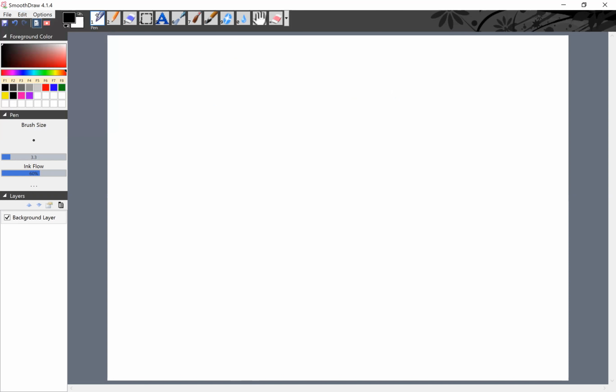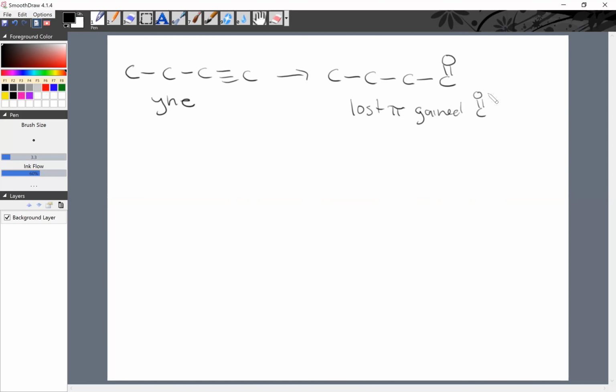Let's see, another one. Look, it's an alkyne. What did you do? I lost the pi bonds and I gained a carbonyl.